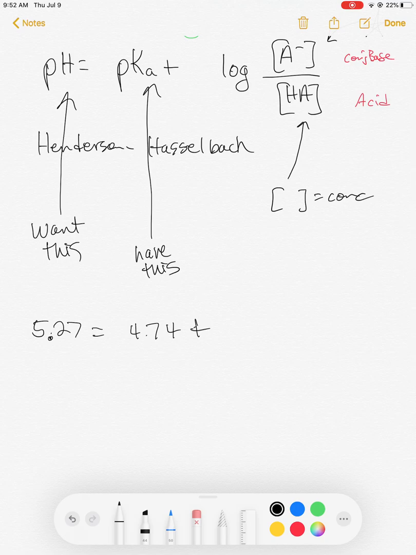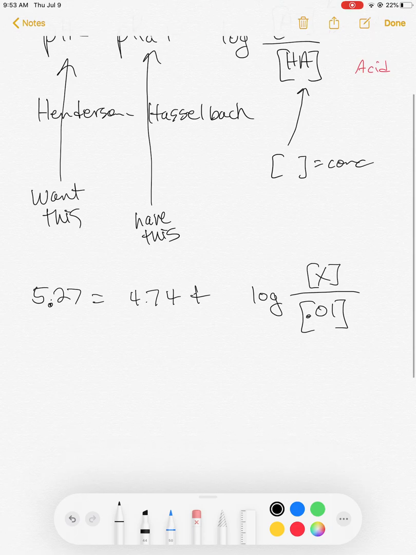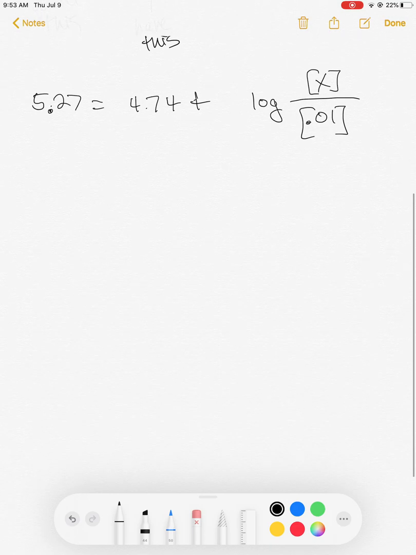And then we have the log of whatever it is you need to have here and the log of your acid. All right?